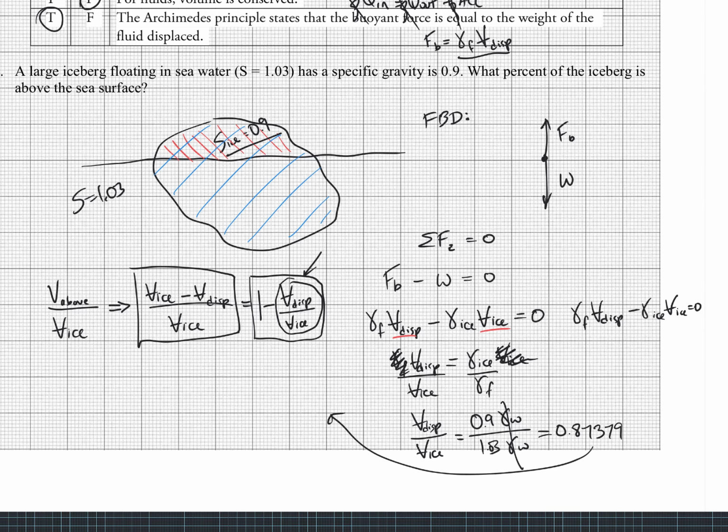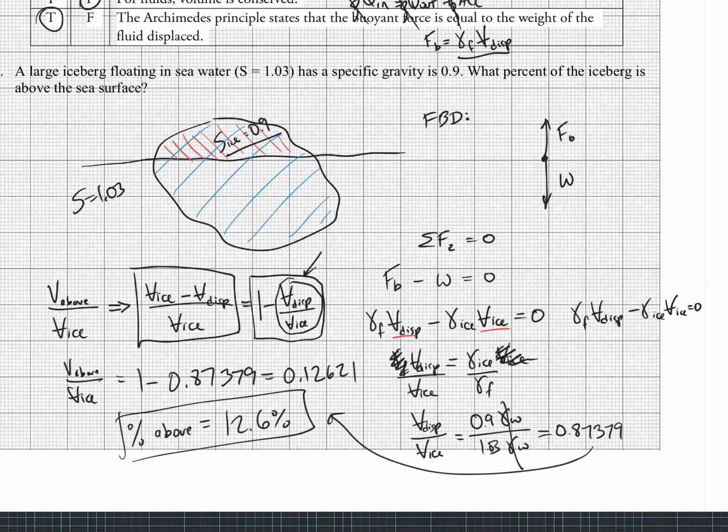Then if I plug it in here, V above divided by V ice equals 1 minus 0.87379, which equals 0.12621, or the percent above equals 12.6%. We just multiply by 100. That's how you do it.